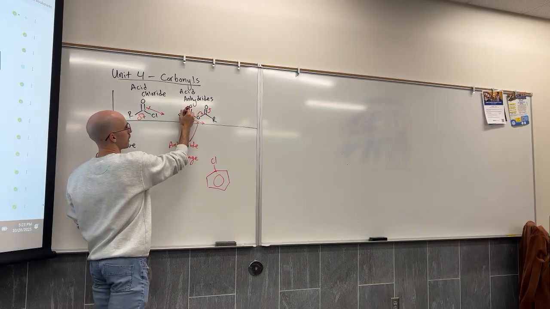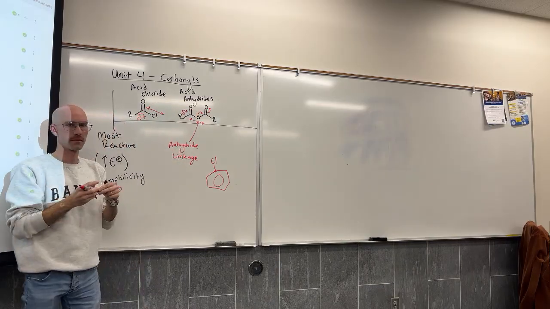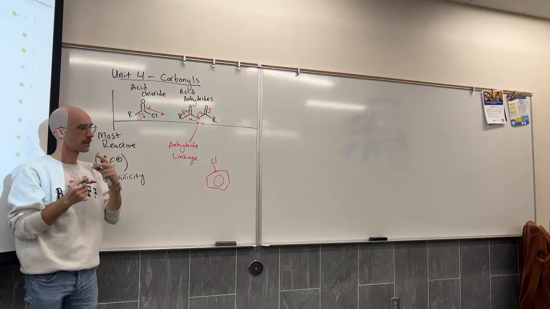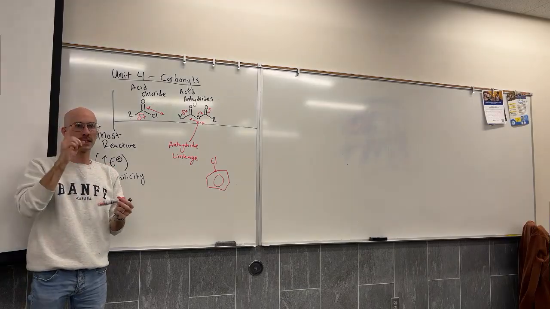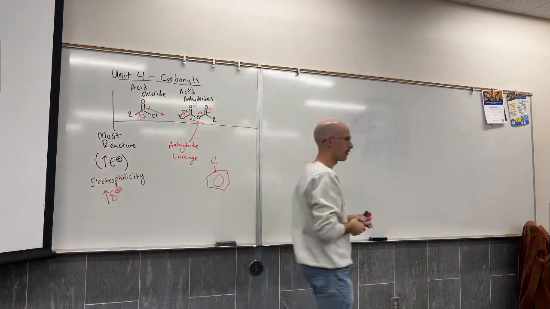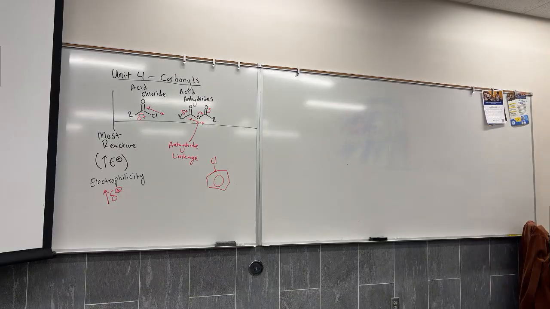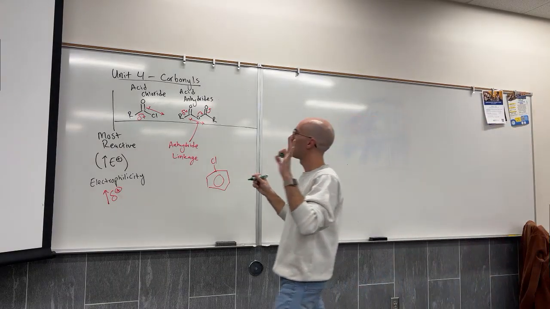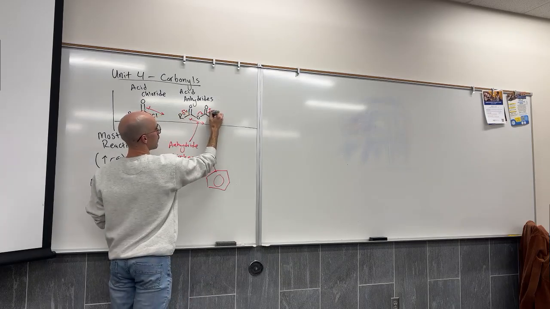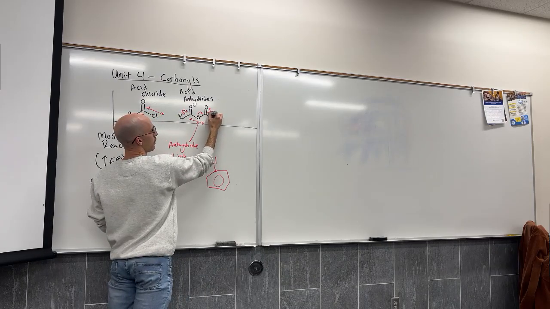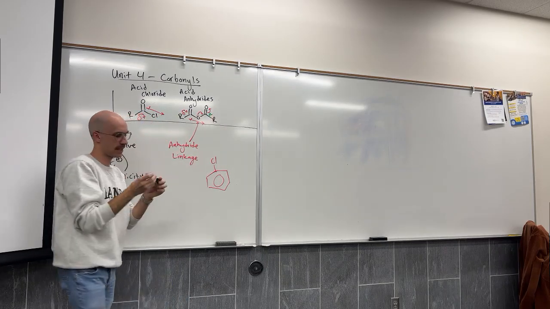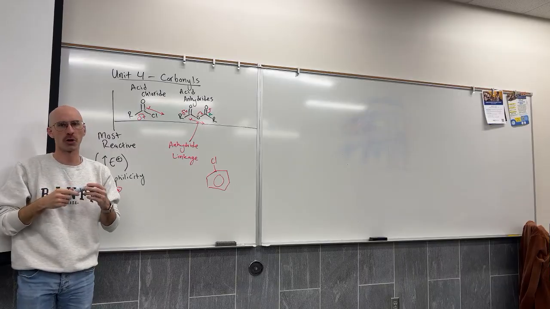So this carbonyl gets a partial positive. Only one of them gets a partial positive, which means that the other carbon comparatively would get more of a partial negative, but we could also just write it as a much smaller partial positive.